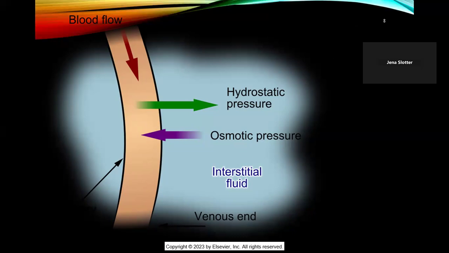And we will move on to this next picture that I just thought was a good reminder. This is showing us, where the black arrow is pointing, a capillary. You're seeing how the osmotic pressure and the hydrostatic pressure are related when it comes to the blood flow and the interstitial fluid.